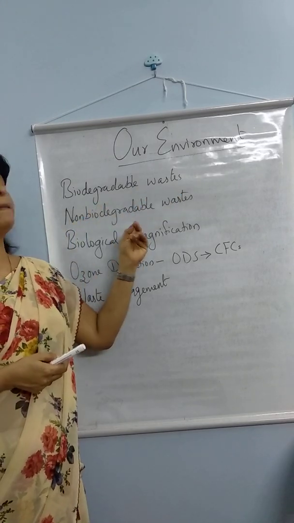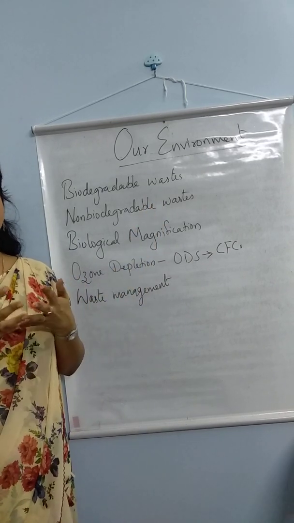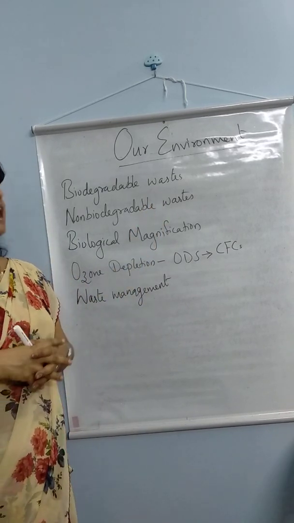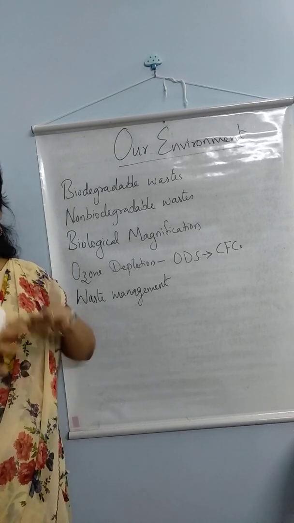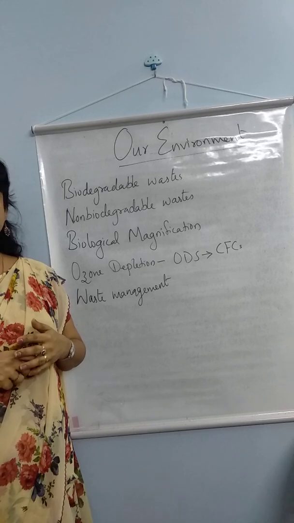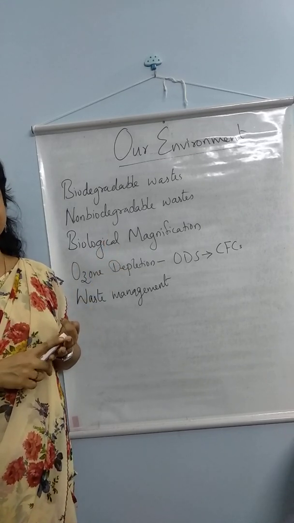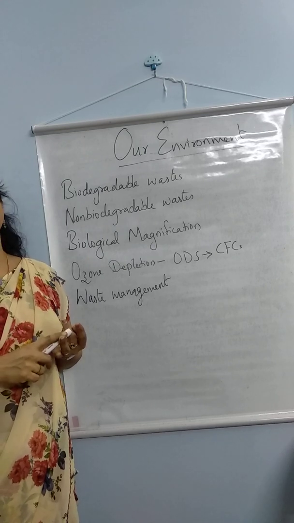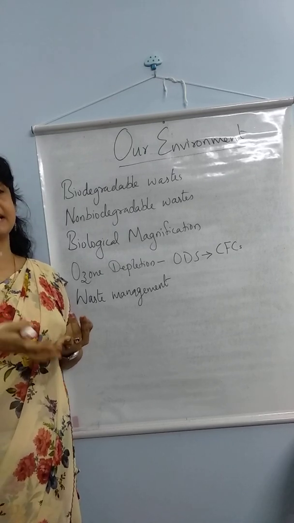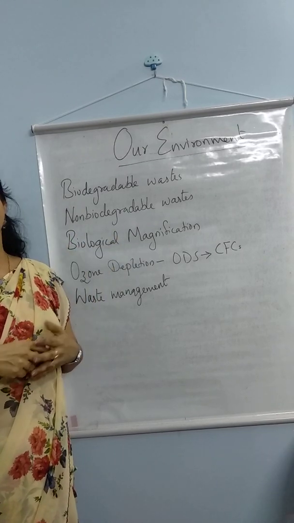Now what are non-biodegradable wastes? Waste which cannot be broken down by microorganisms and which persists as such in the soil, air or water. We call it non-biodegradable waste. എന്ന് പറയുമ്പോൾ plastics വരും, glass വരും, certain types of cans വരും, then certain chemicals like mercury, lead, all these are non-biodegradable waste.